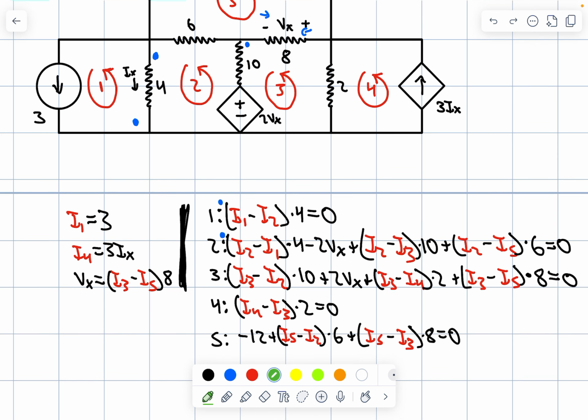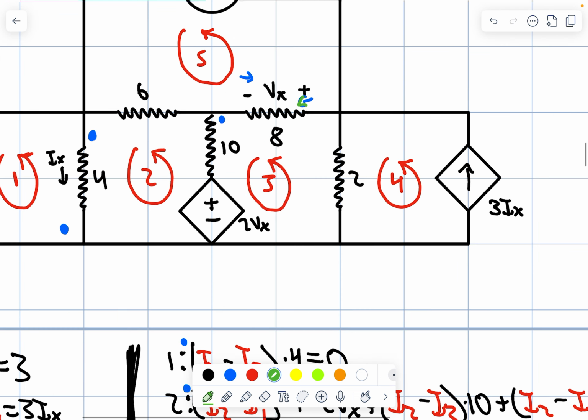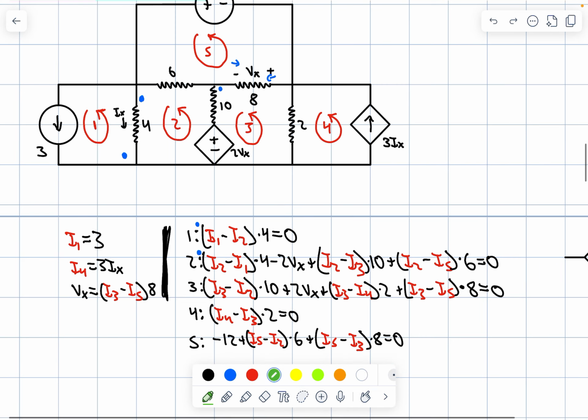And if you can't wrap your head around that, and that is okay, you yourself could say, fine, I'm flowing through the positive end of Vx, so I'm just going to say plus Vx, okay? And you can do that. I didn't. I wrote plus I3 minus I5 times 8, and that happens to be equal to Vx. And you'll notice when we get to the 5th loop, I'll tell you something that would be opposite.